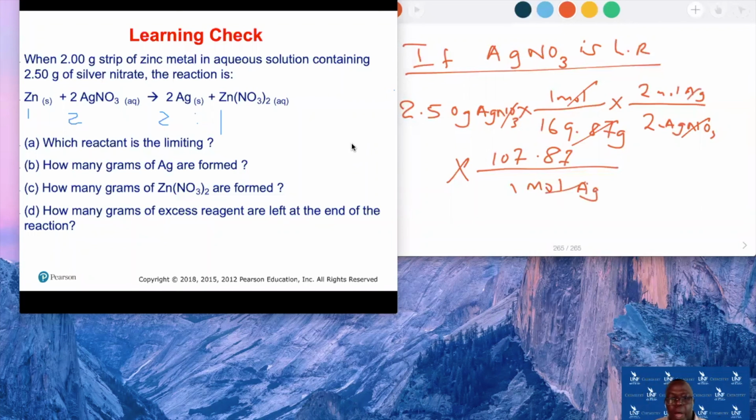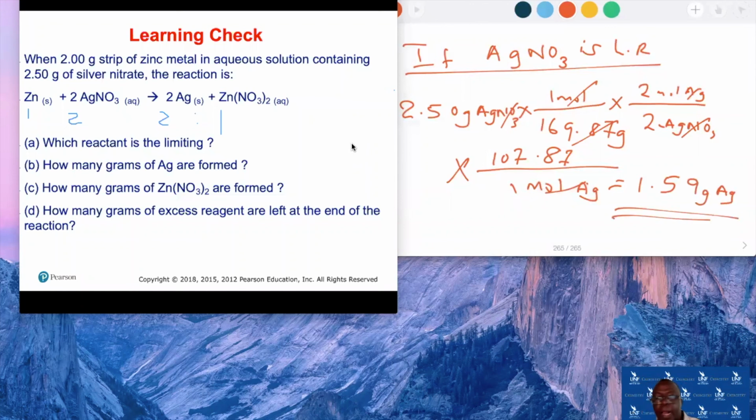Let's see how much of that will be produced. 2.50 times 2 times 107.87 divided by 169.87. This is 1.59 grams of silver.